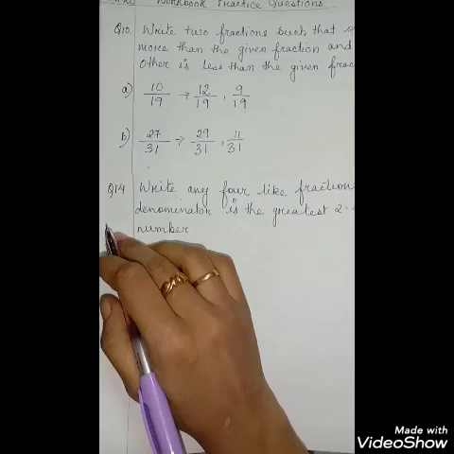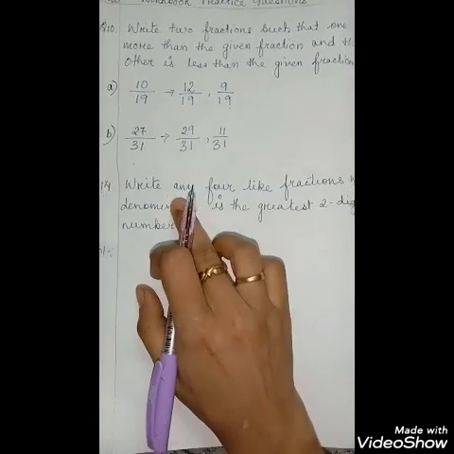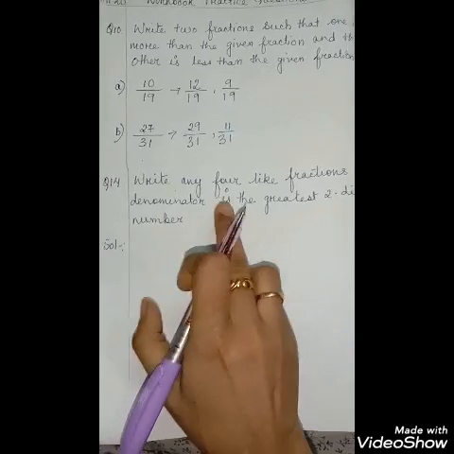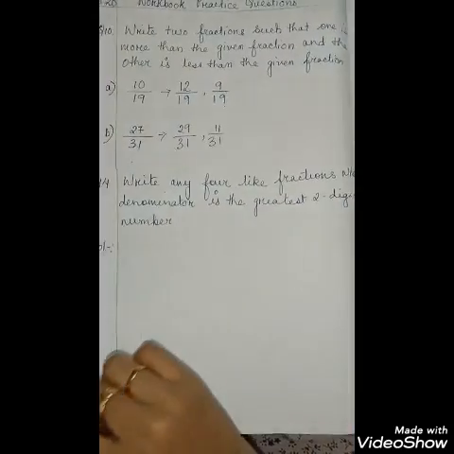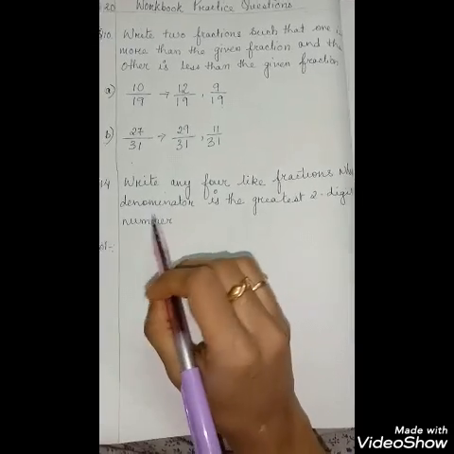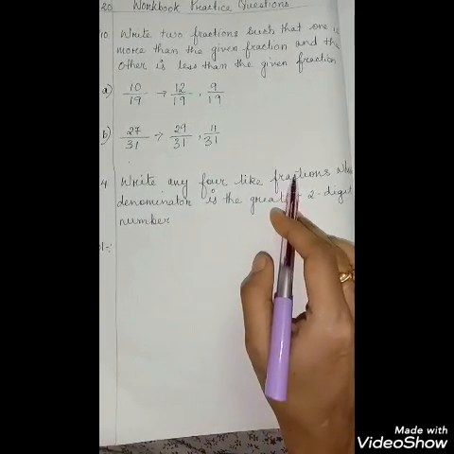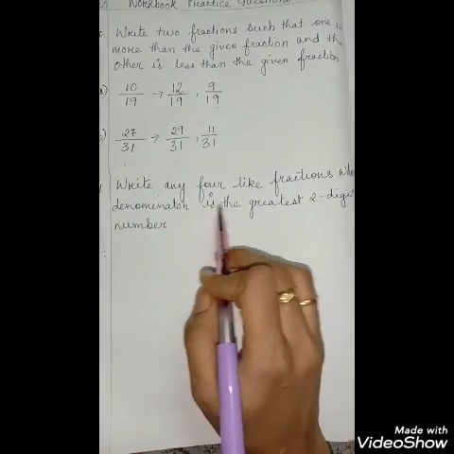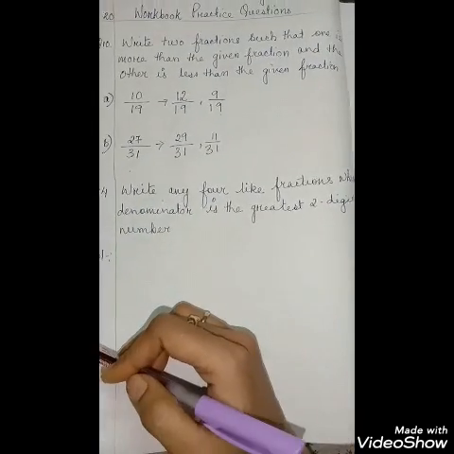Right? Now come to question number 14. Write any four like fractions whose denominator is the greatest two-digit number. So what is question number 14 asking? Write any four like fractions whose denominator is the greatest two-digit number.